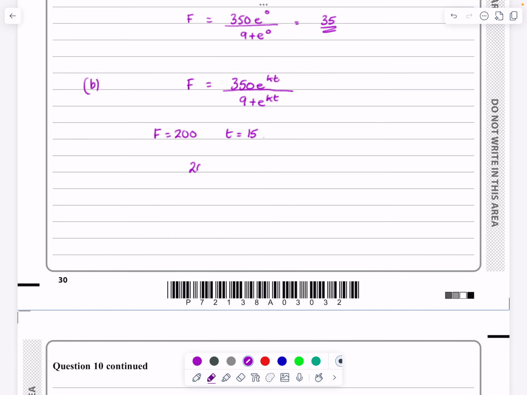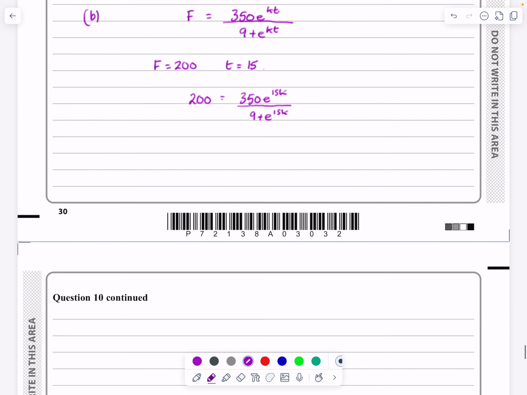I'm going to get 200 is equal to 350 e to the 15k, all divided by 9 plus e to the 15k. Although it doesn't look very nice, it's just simple algebra now to multiply everything up. So we're going to get 200 multiplied by 9 plus e to the 15k is equal to 350 e to the 15k.